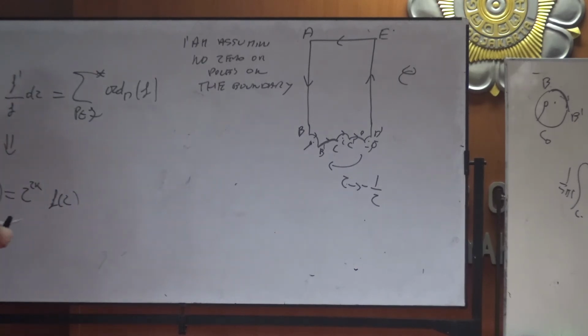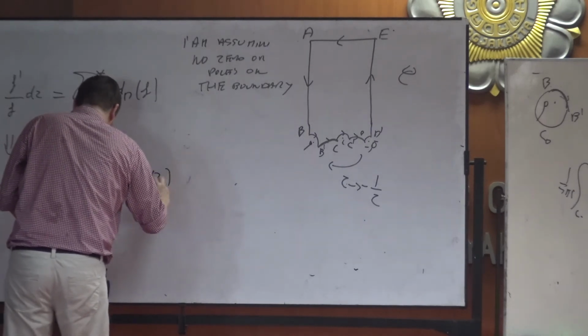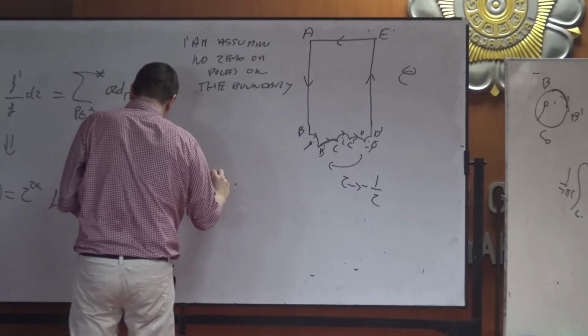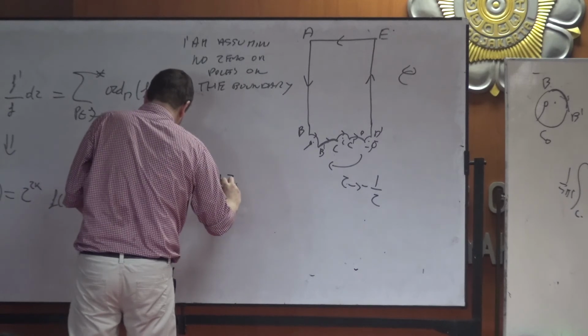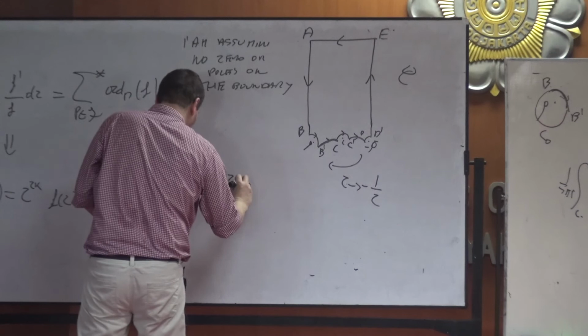And so we get that df of tau over f of tau is equal to 2k d tau over tau.